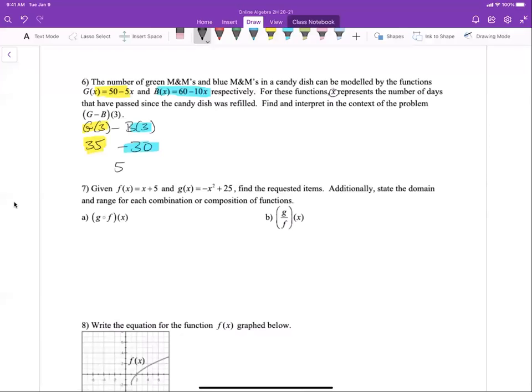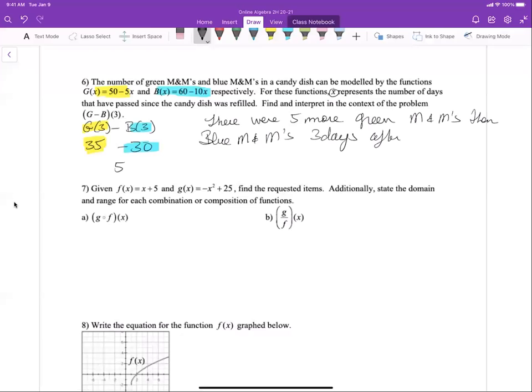So 3 days after it was refilled, there were 5 more green M&Ms than blue.